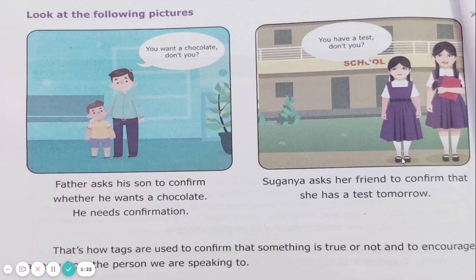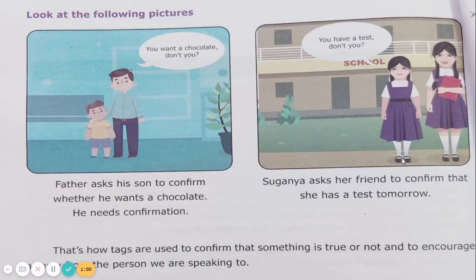So in this sentence also, Suganya needs a confirmation from her friend. That's how tags are used to confirm whether something is true or not, and also to encourage a reply from a person.